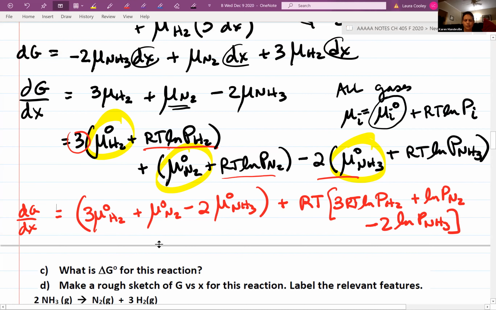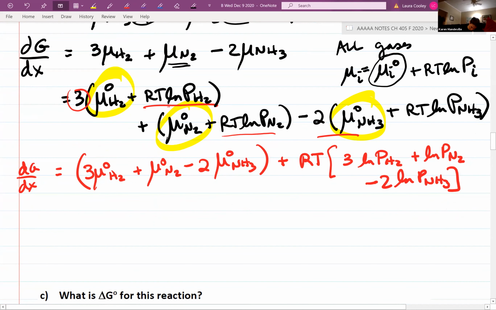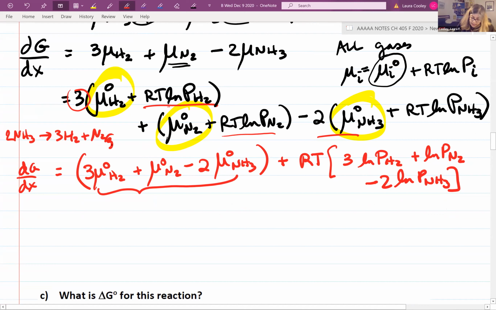Dr. Cooley, does the RT in the first term come out, right? Oh yeah, I factored it out. So what was the reaction? The reaction was 2 ammonia going to 3 H2 plus N2, all gas.